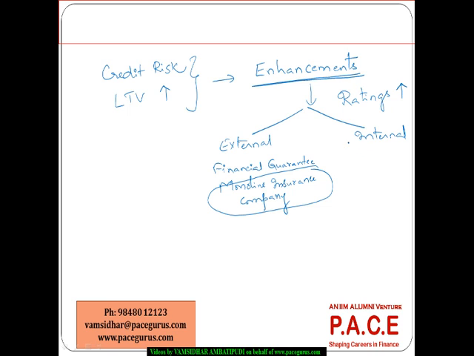And when I'm looking at it from an internal perspective, there could be reserve funds. So when I have issued the bonds, the issuance proceeds have come in, and this excess cash is put into a reserve account.